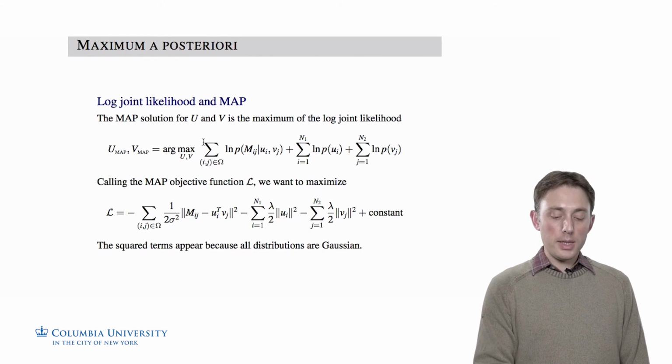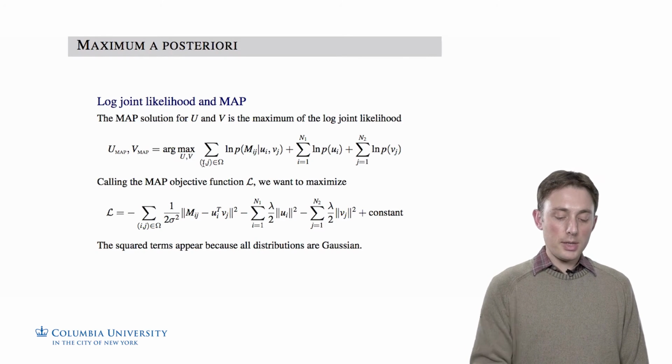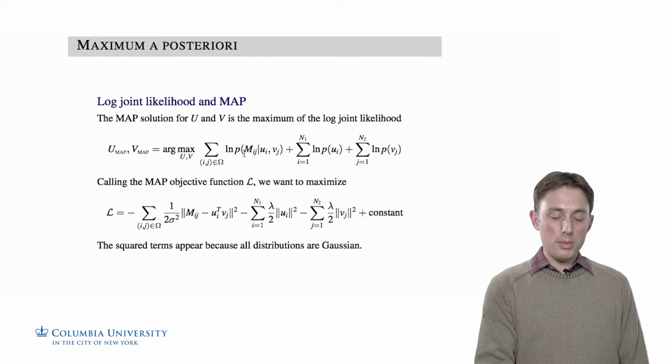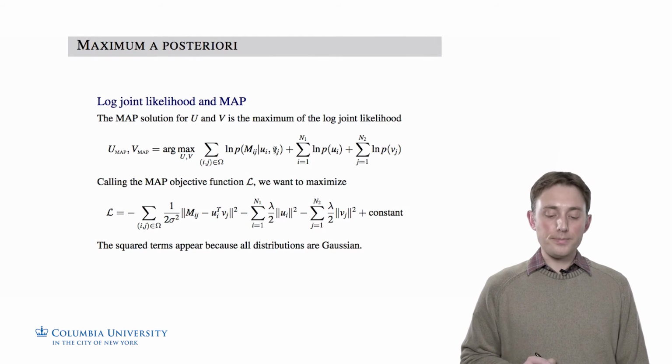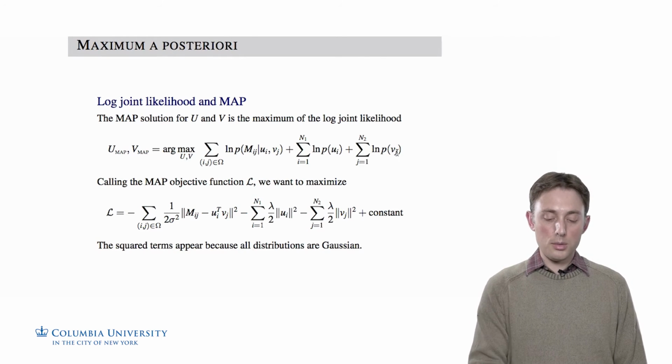And in this case, we get this form where we sum over all of the measurements in our matrix M, the log of the likelihood of each individual measurement given the locations for the user and object, plus the sum over all of the logs of the priors.